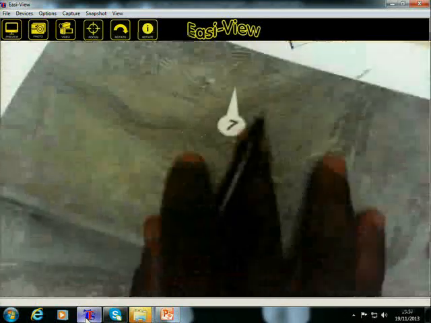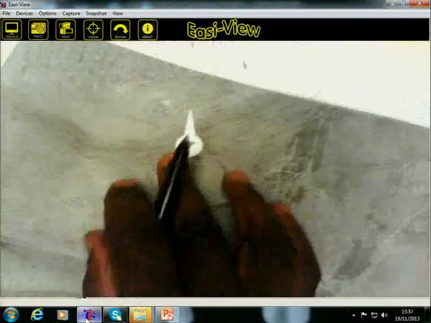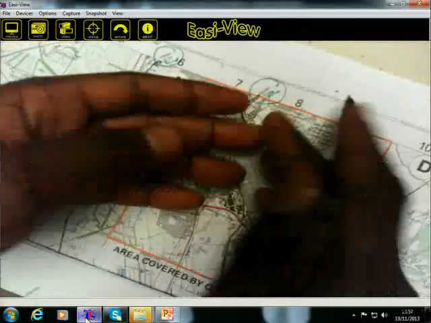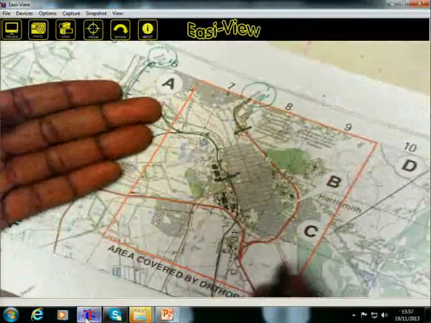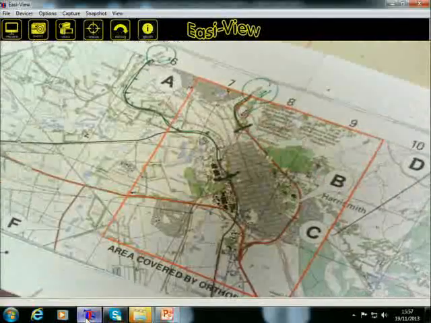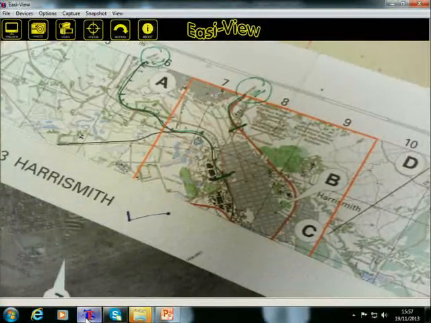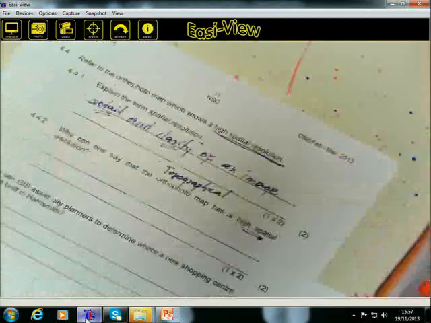Why? Because your orthophoto map covers only this part. That's why its resolution is more clearer. But a topographical map covers a large area with a scale of 1:50,000.